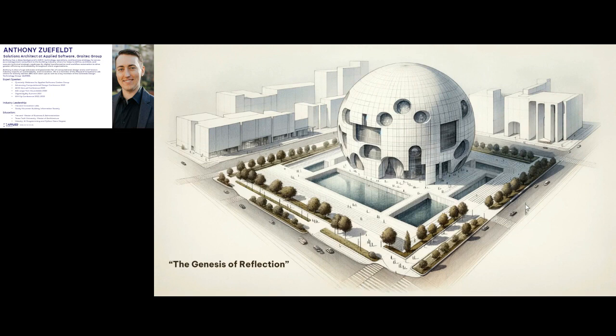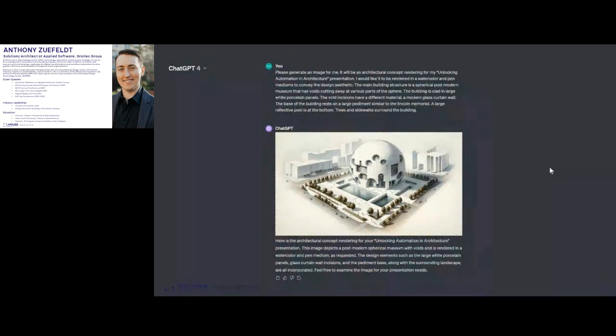This is the Genesis of Reflection, and it's actually not a real art piece. I guess you could say it is, but this is something I made for this presentation using ChatGPT and its visualization tools. I gave it a prompt and asked it to generate an image for me.